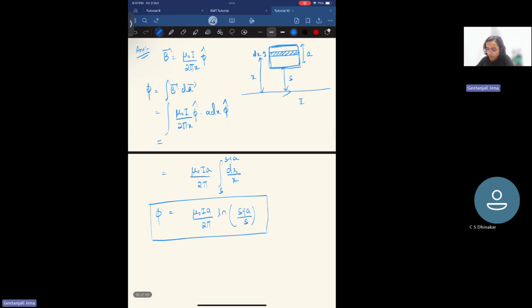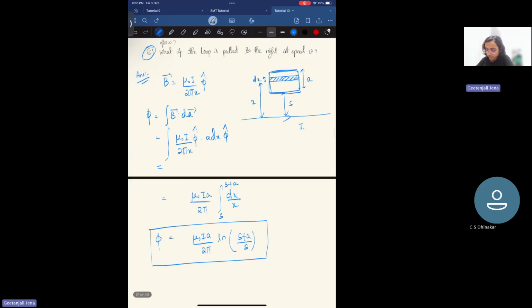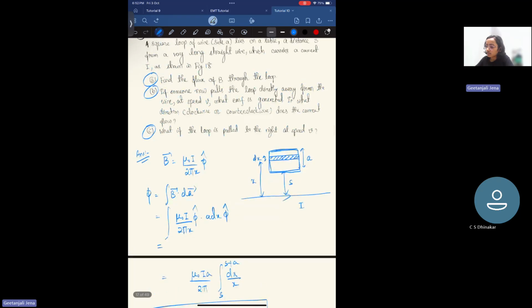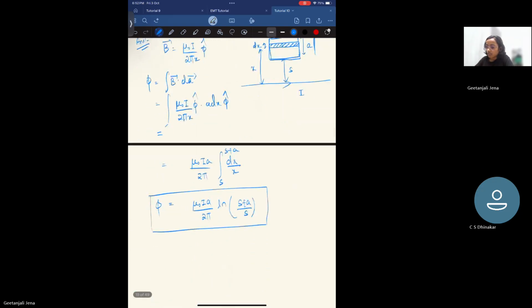In the second part, we are pulling the square loop away from the wire. That means there will be a change in magnetic field and there will be a change in flux, and the change in flux will create an induced EMF.